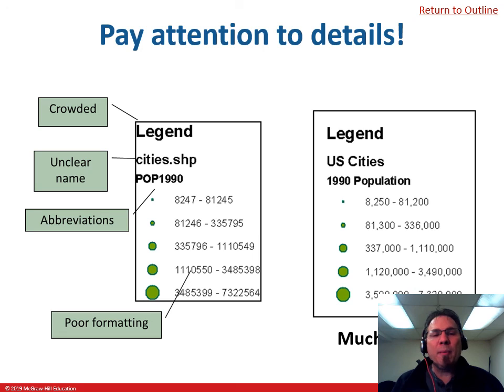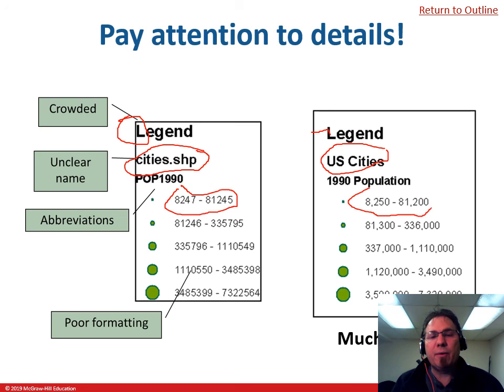All right, so you want to pay attention to the little details, things like taking this here where there's no space and giving yourself some space. This is what the name of the file is, where this is what it should look like in English. Here, these are really weird numbers. Over here on the right, you have much more rounded numbers with the comma separators.